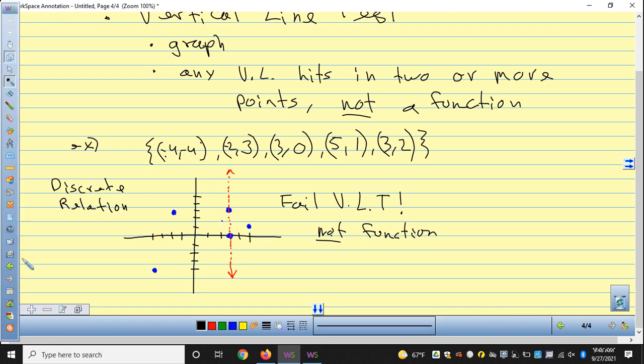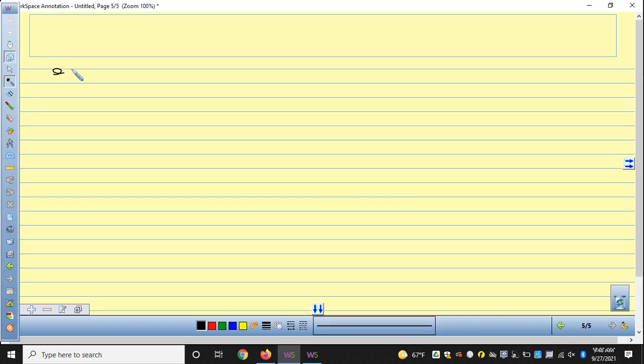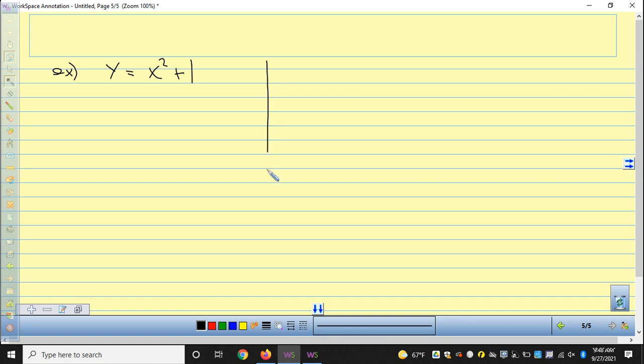Okay, let's look at another example. This time we're given an equation. That's our relation. We're going to make a table of values here and plot some points. So I'm going to say negative 2 squared is 4, plus 1 is 5.